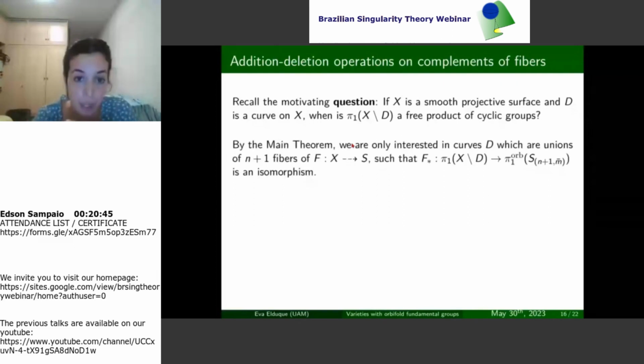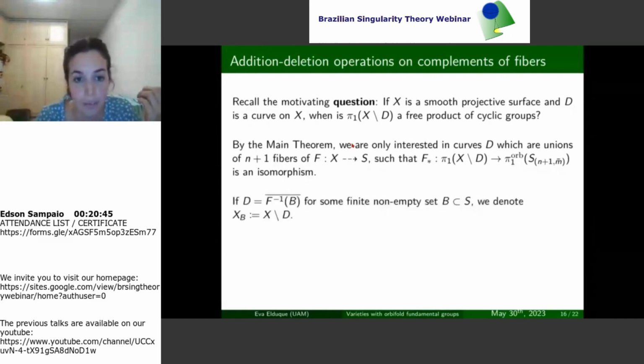And by the main theorem, we know that we're only interested in curves which are unions of fibers of morphisms to a Riemann surface. And so let me introduce some notation. If I have a finite set B on the base, on the Riemann surface S, I'm going to denote by XB the complement of the curve that's formed by the fibers over those points, over B.